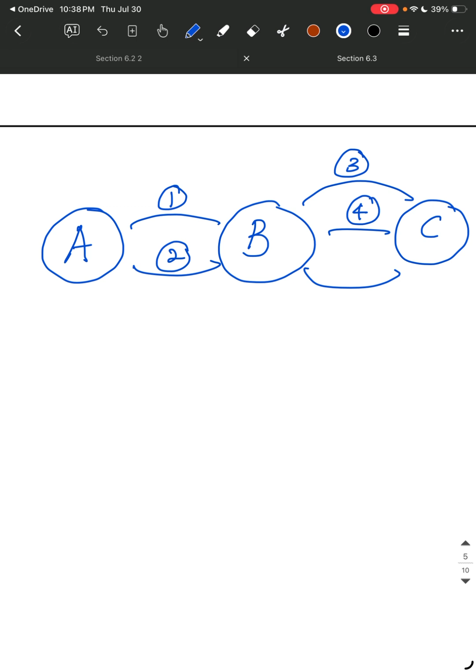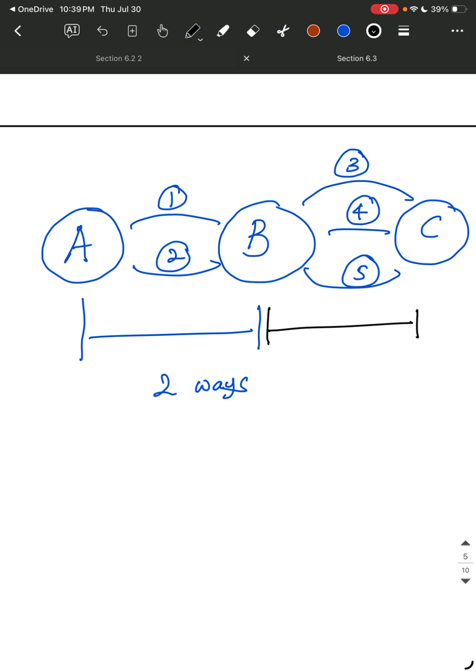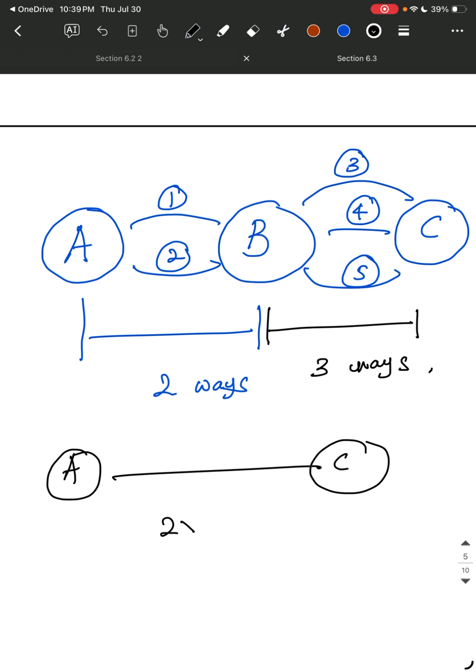Then the first task that we can complete, we can go from town A to town B in two ways, right? And we can go from town B to town C in three ways. In total, we can go from town A to town C in 2 times 3 ways, 6 different routes.